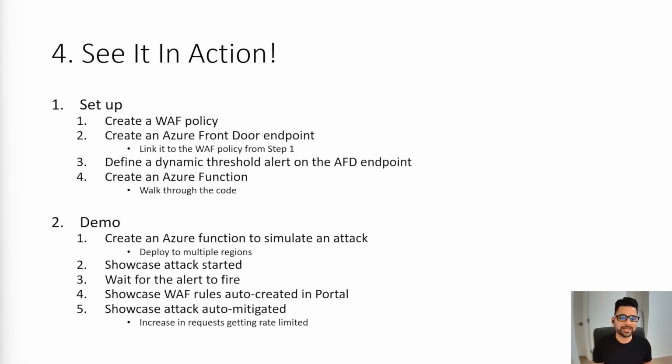We'll do this by inspecting the metrics again, and this time we'll see an increase in the requests getting rate limited. We'll see a decrease in the number of requests which are served successfully, and then finally we'll see that the alert got auto-resolved. When the alert gets resolved, the Azure function will get called again, and this time the Azure function will remove the rate limit rules from the WAF policy and then deploy the WAF policy, and everything should just go back to normal.